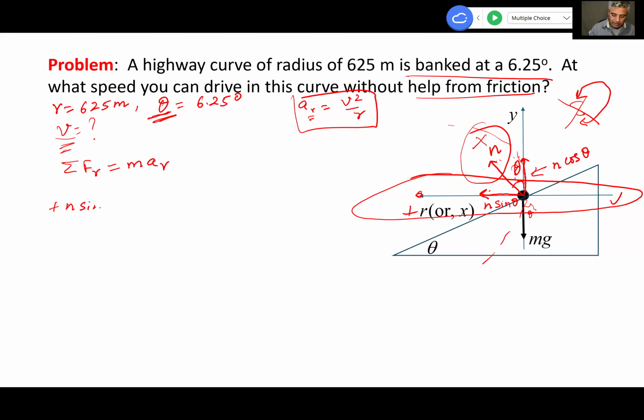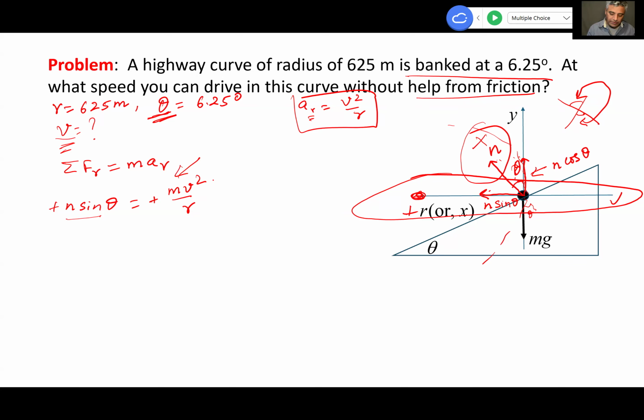So sum of forces along the r or x direction, there is only one force, that is N sine theta. Since I am choosing towards the center as positive, this is positive. So left-hand side taken care of. Now right-hand side, the acceleration is still positive, so we can write this as mv squared over r. In this case, mass is unknown.